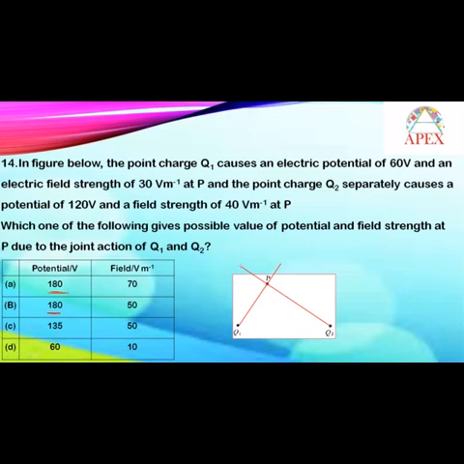If both are in the same direction, the answer will be 30 plus 40, 70. If both are in opposite directions, it will be 40 minus 30, 10. But since these two are at different angles, the answer should be in between 10 and 70.